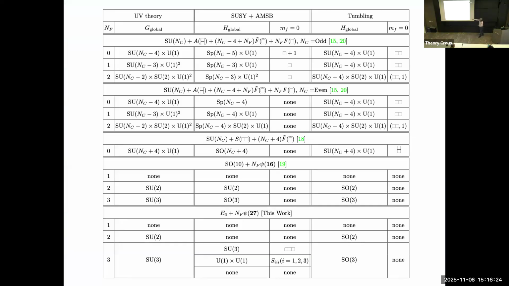So this is the summary of all the chiral gauge theories we have studied so far, including SU(N) gauge theories, E6, SO(10). In the vast majority of the cases, tumbling and SUSY results are different.